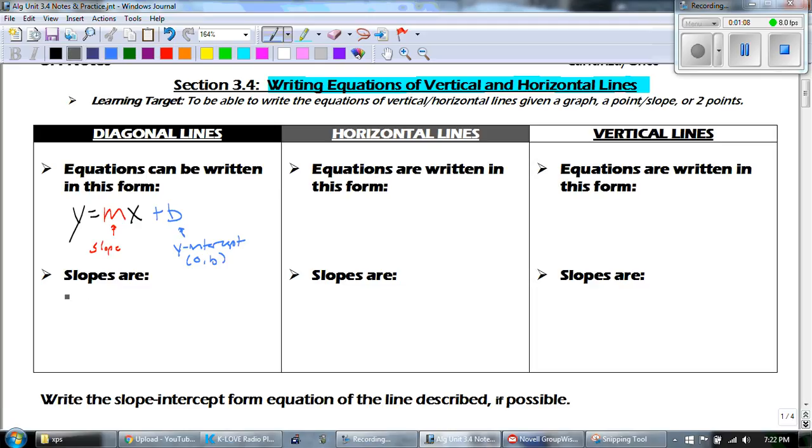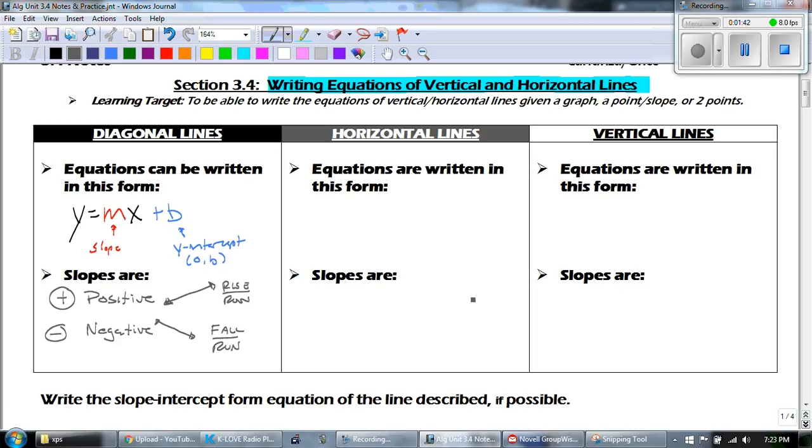It could be positive, and when it's positive, it's rising, rise over run. Or it could be negative, and when it's negative from left to right, it's falling, fall over run.